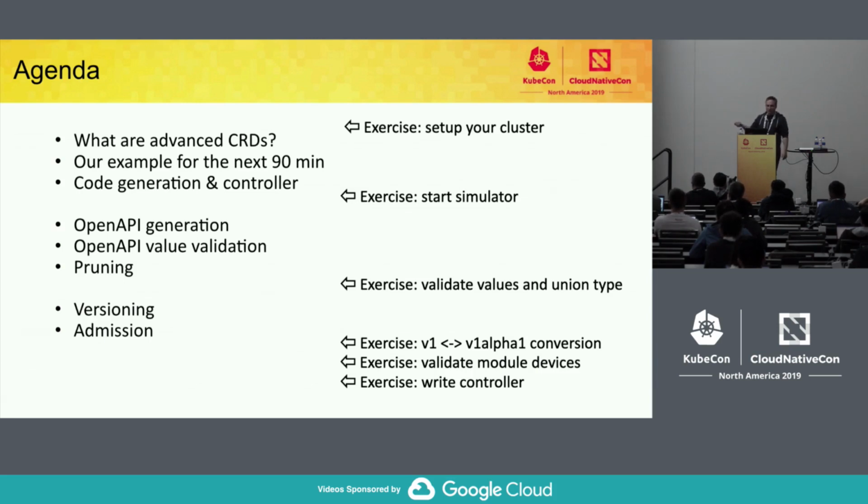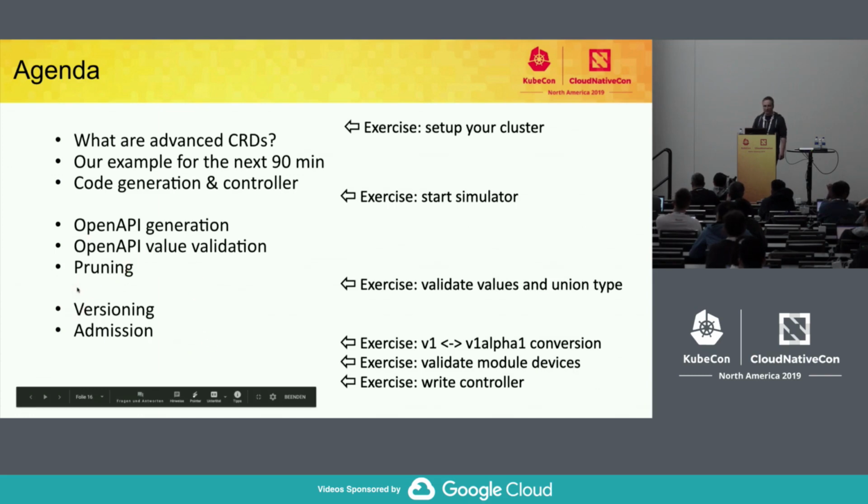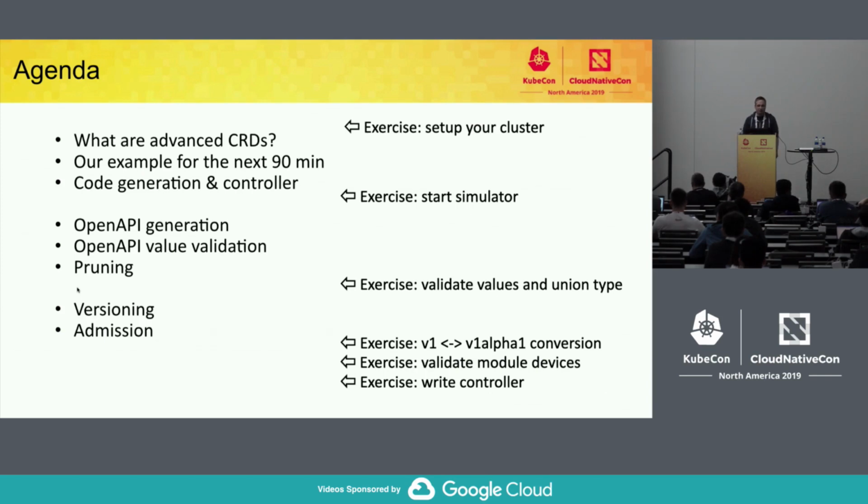Pruning will be enabled, and in the last part we go to Go and we will look at versioning. So we write a versioning webhook, a conversion webhook, and we will test this webhook. We will write round-trip tests and deploy the thing in a cluster and see different versions being magically converted.